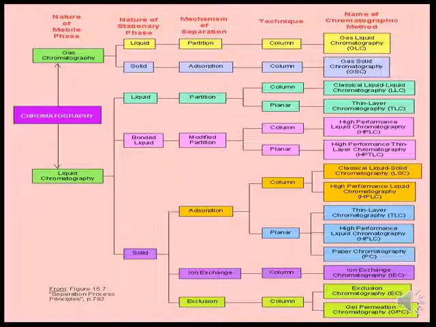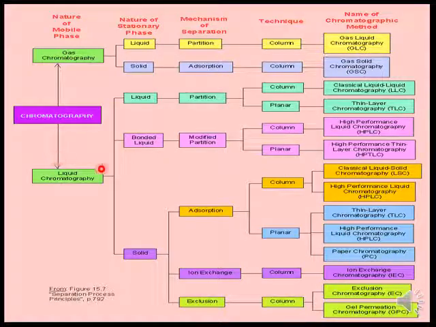So these are the different types of chromatography. If the mobile phase is gas, then the stationary phase is either liquid or solid, and the mechanism will depend on the stationary phase. The technique involved is column, and the name will depend on the stationary phase as well as the mechanism.